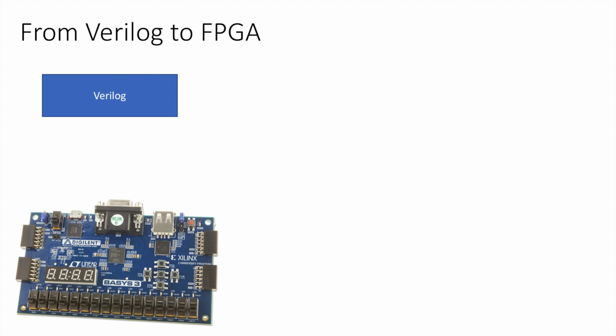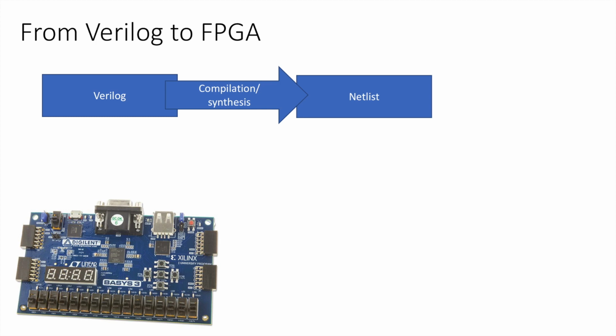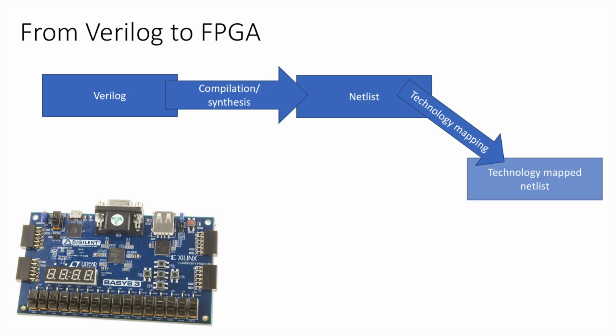So one usually says something like this when describing this process, that we start with Verilog code, and then we do some kind of compilation or synthesis to netlists. And these netlists need to be technology mapped for the technology that we target. Here we target FPGAs.